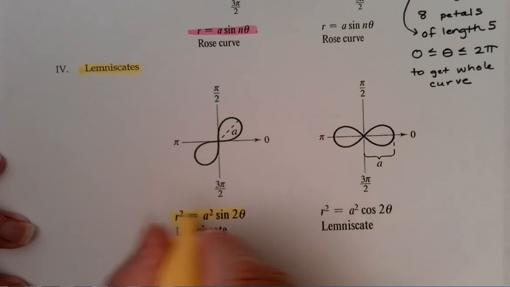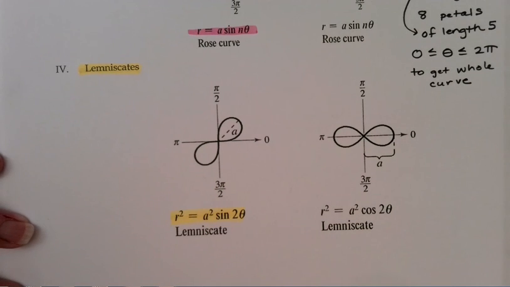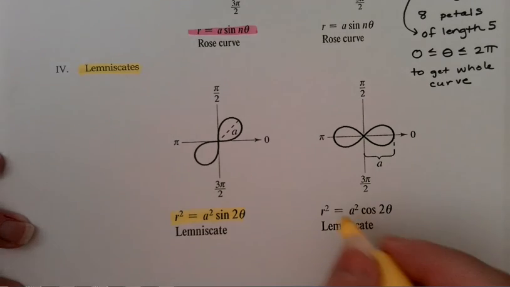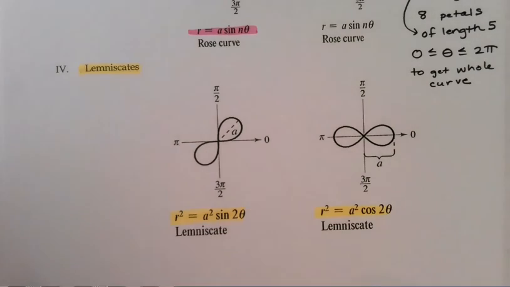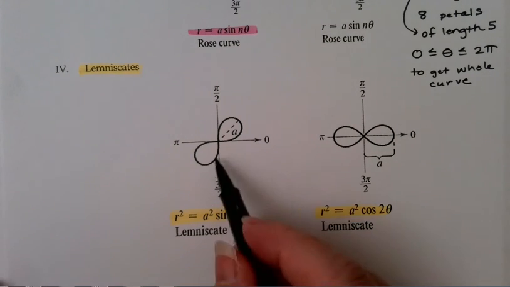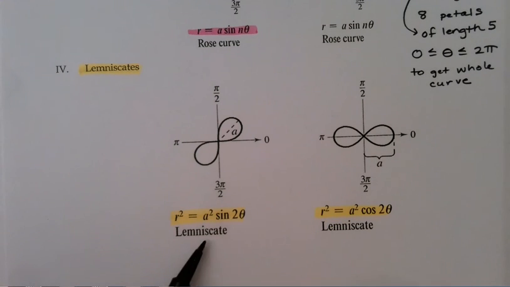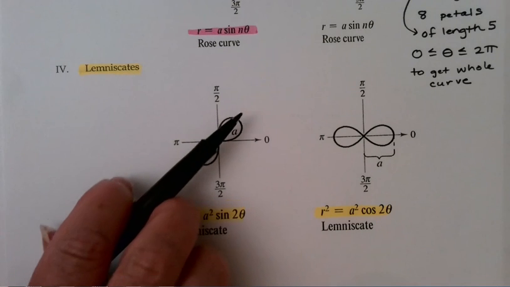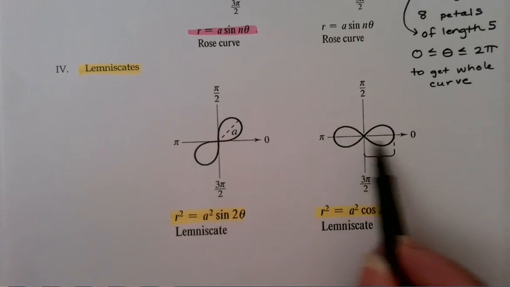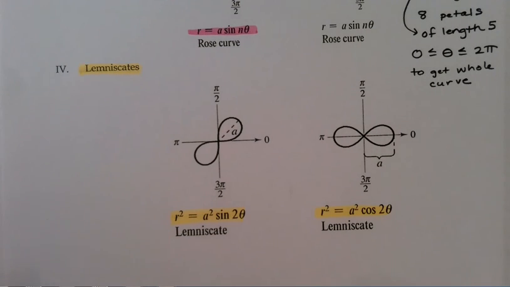They'll either have the equation r squared equals a squared sine 2 theta or r squared equals a squared cosine 2 theta. And you can see in both cases the shape is the same. It's just that with the sine you get kind of this slanted one, and with the cosine you get a perfectly horizontal one. Kind of looks like an infinity sign, doesn't it? All right, we'll try one of each.